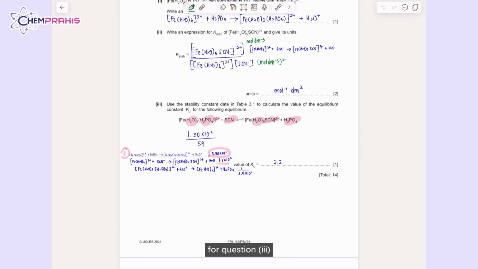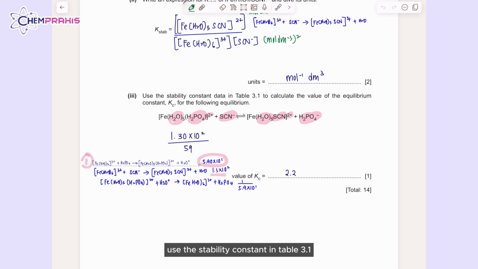For question Roman 3, use the stability constant in table 3.1 to calculate the value of the equilibrium constant Kc for the following equilibrium. As you can see, we have the [Fe(H2O)5(H2PO4)]2+ on the left hand side. So if we refer to this half equation, this is on the product side and this is 5.9 times 10 to the power of 1.